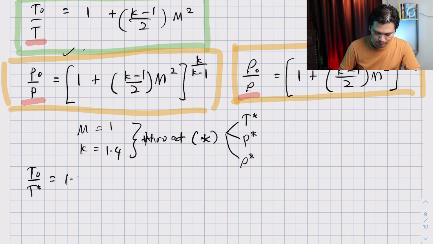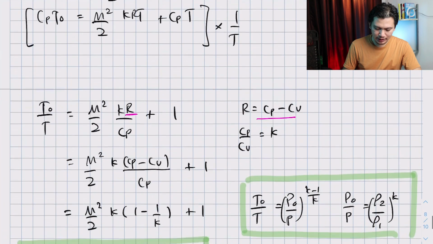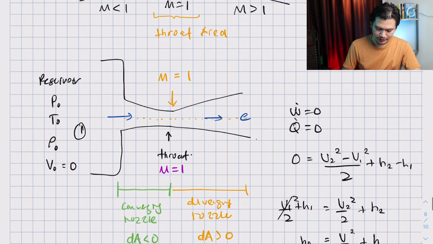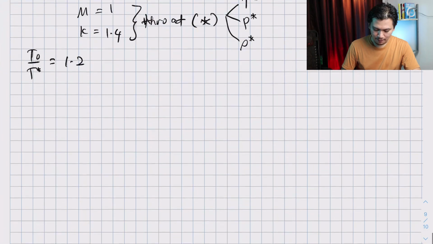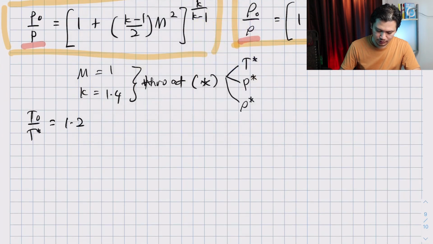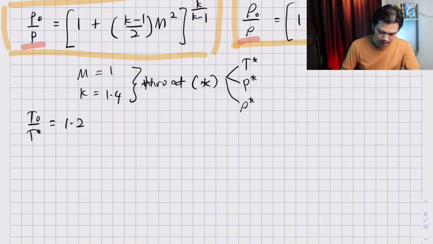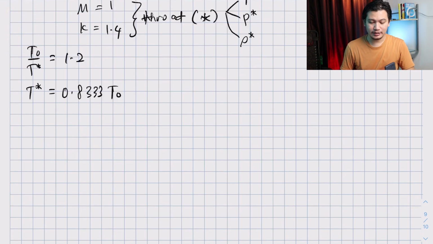Alright, so that is 1.2, meaning that the temperature at the reservoir is 1.2 times higher than the temperature at the throat. That is what it is, as simple as that. Usually we write this in such a way that T asterisk equal to 0.8333 T naught.